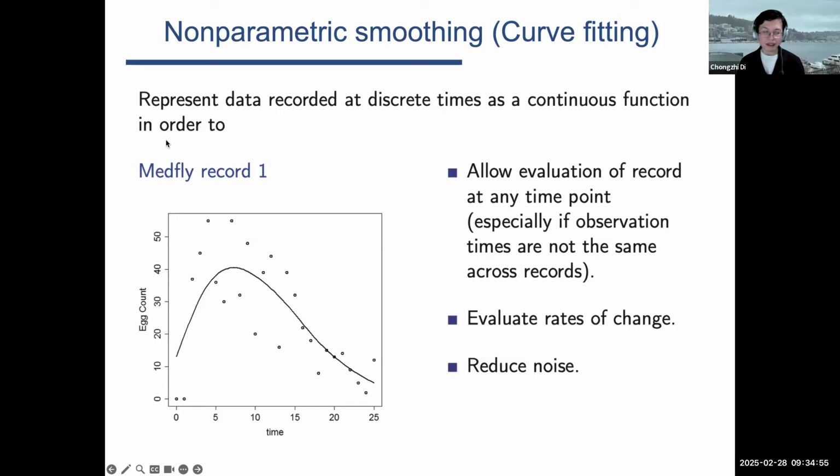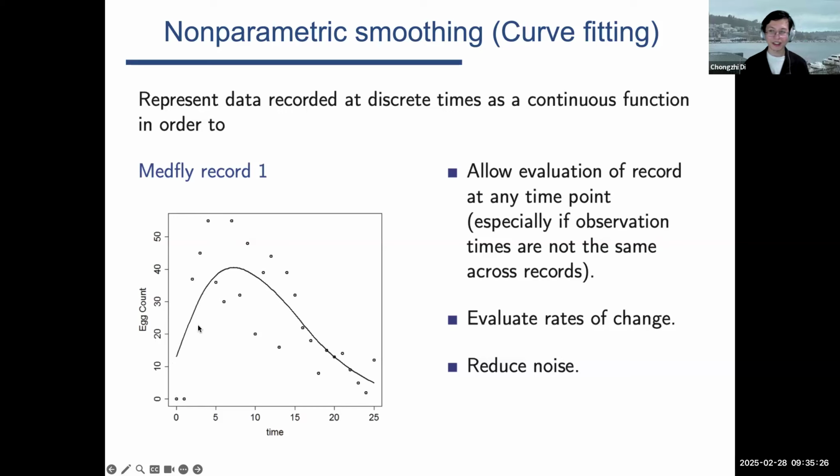So this is an example. I think the data is from the functional data analysis book. It's the egg counts from MedFlies. This is showing data from one of the flies, and as you can see, some data points start somewhere around here, and then these are all the data points.